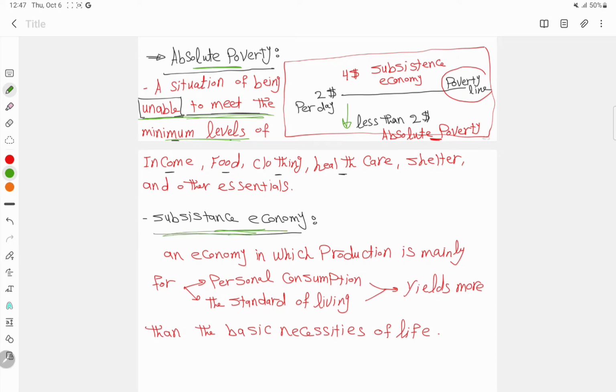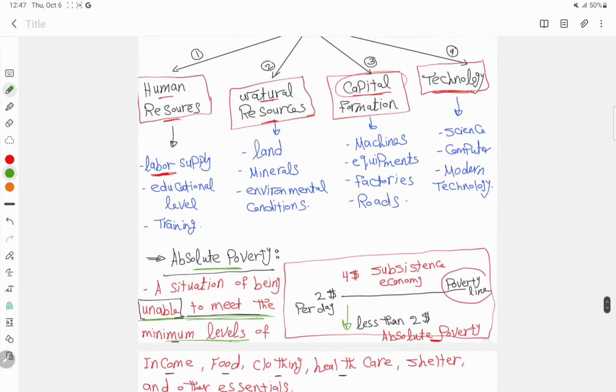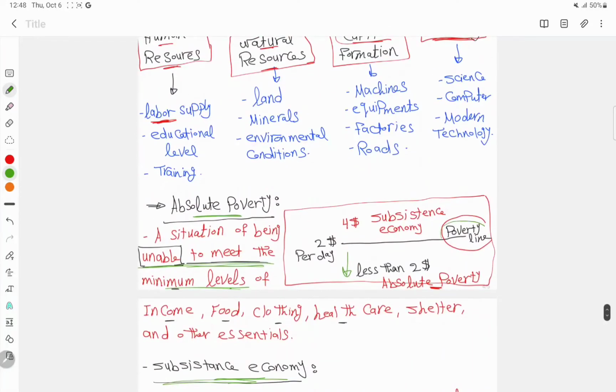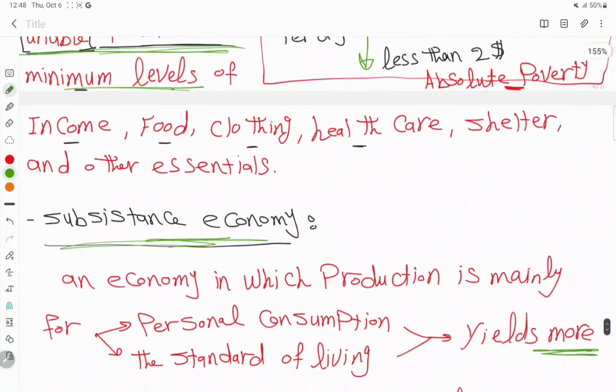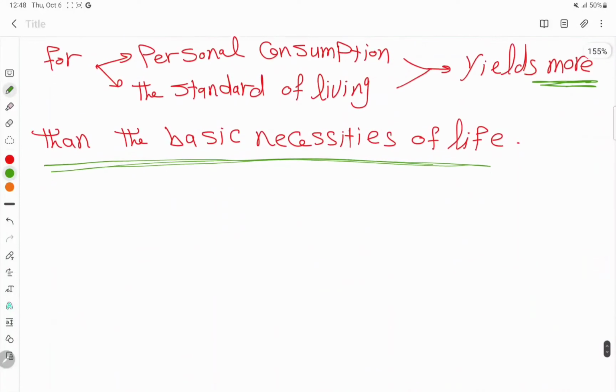But in a subsistence economy, people have more than the basic necessities of life. So, they are over the poverty line. That's the difference between absolute poverty and subsistence economy.